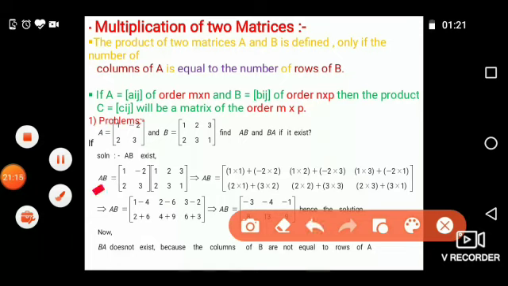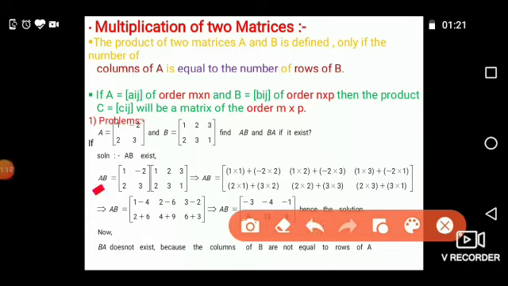Since the product of both matrices exists, we will multiply row and column wise. First row, first column: 1 into 1 plus minus 2 into 2. This is the first element of matrix AB.